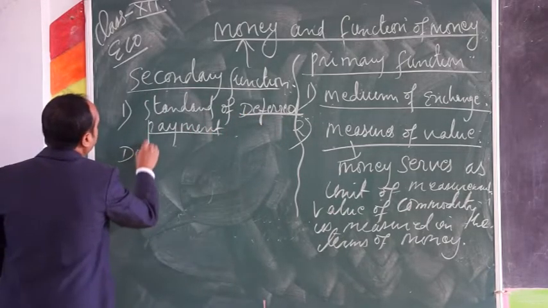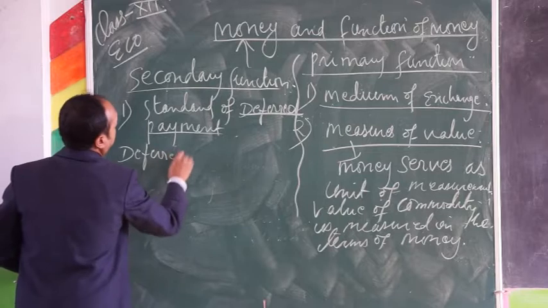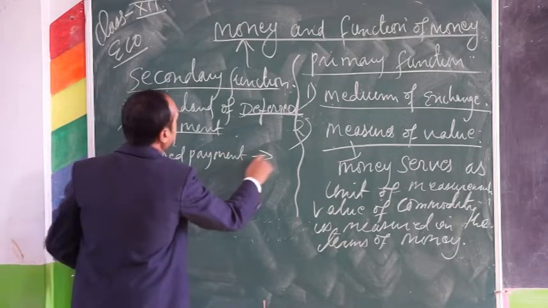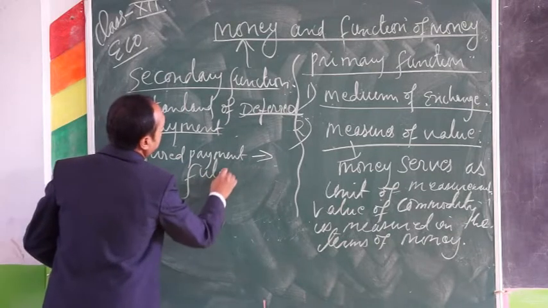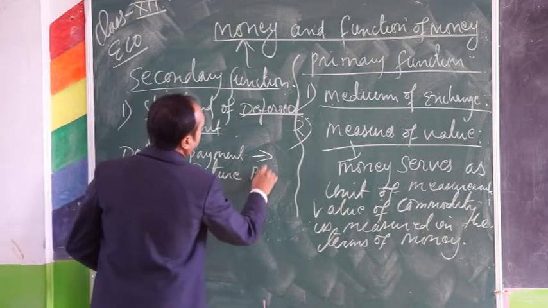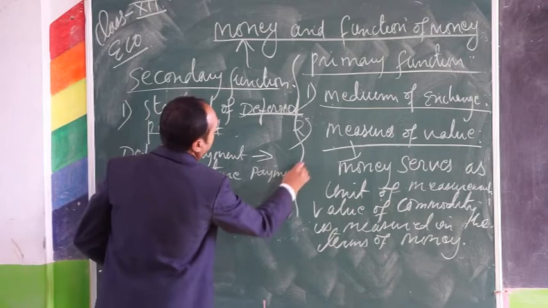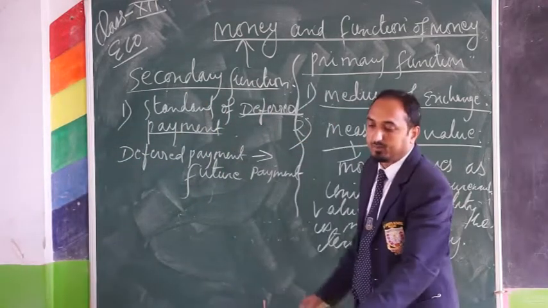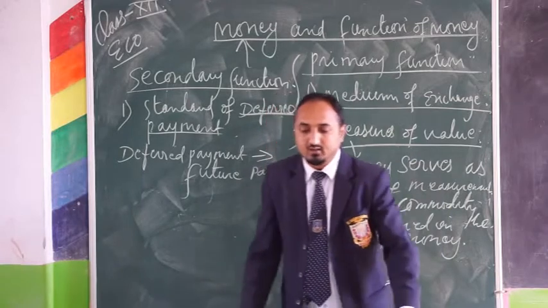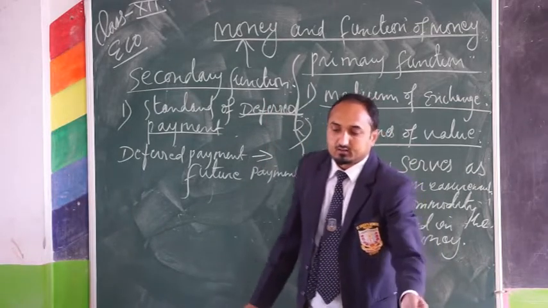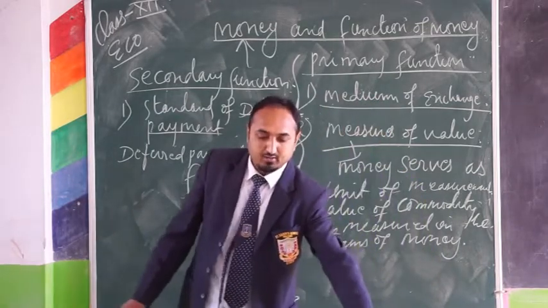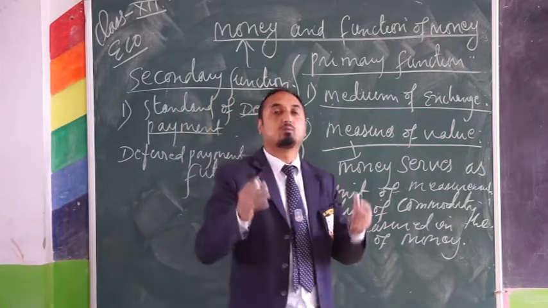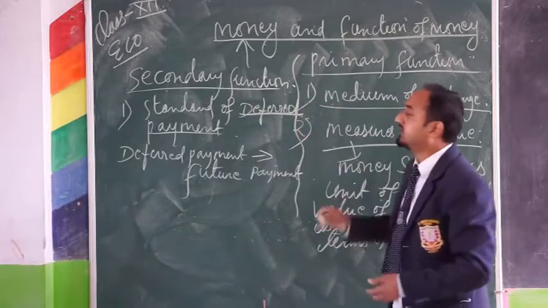Deferred means future. Deferred payment means future payment. So standard of deferred payment means the payment to be made in the future. Whatever payment we need to make in the future is what the word deferred payment refers to.